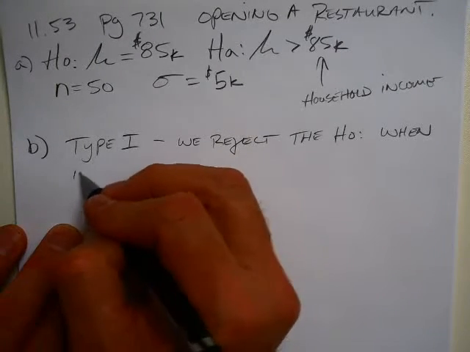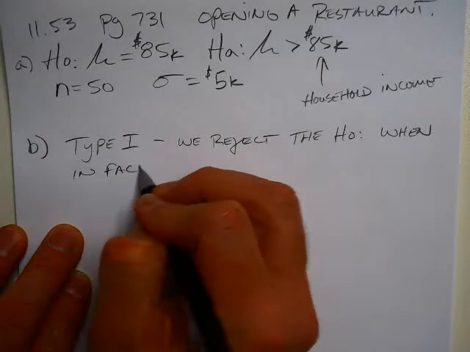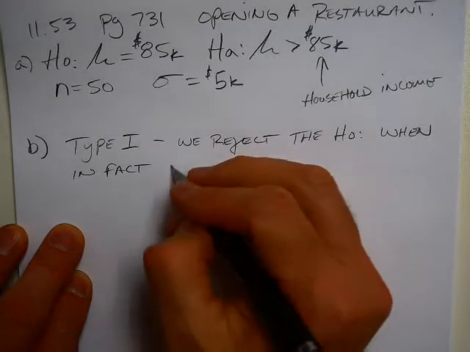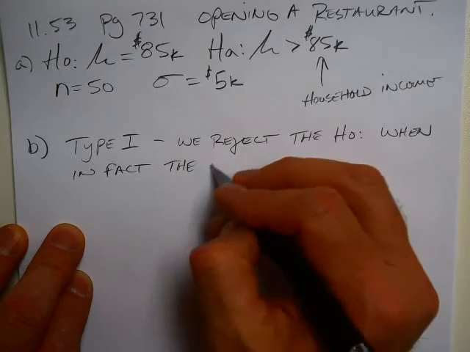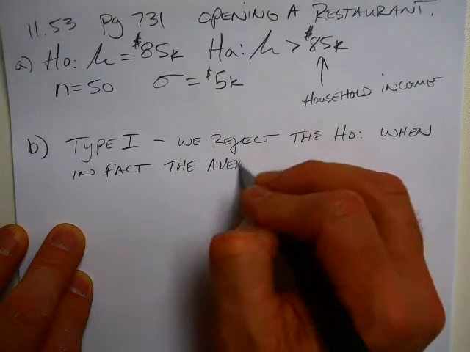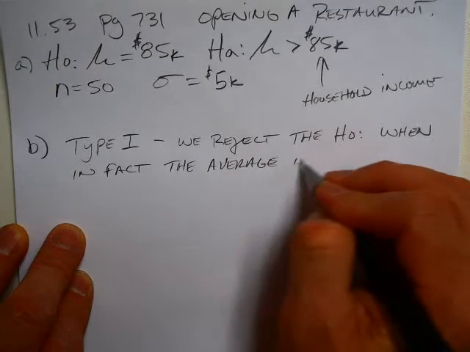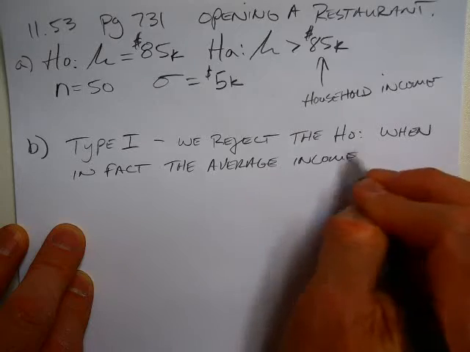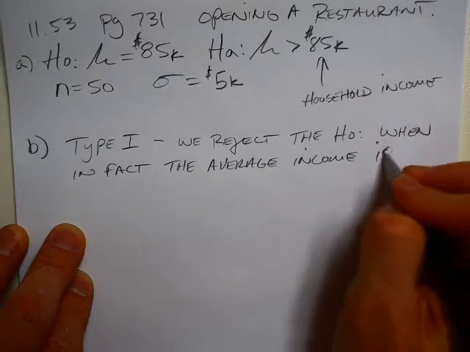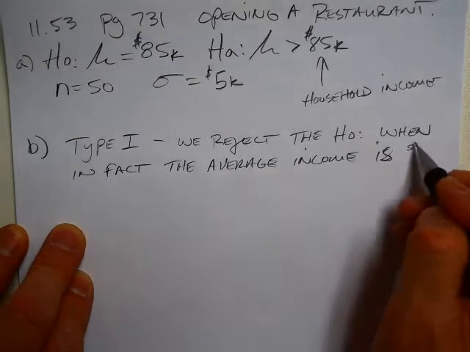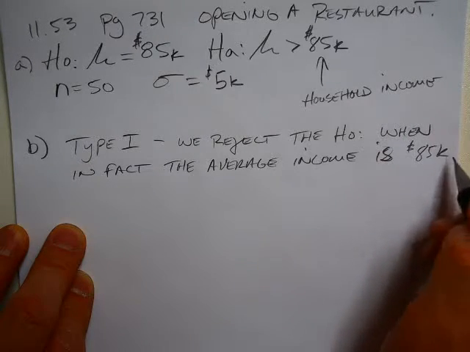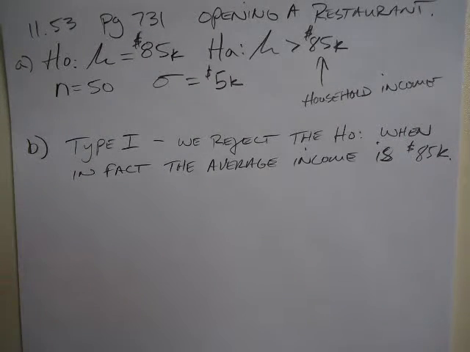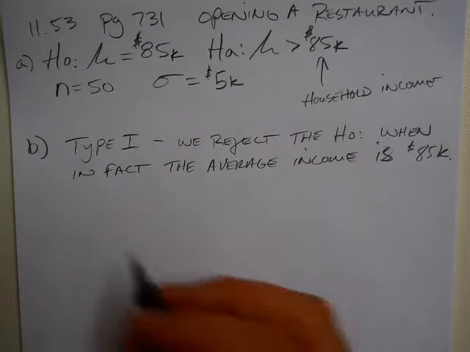when in fact the average income is 85,000. Or less. Because in this situation, this person needs more than 85,000 to open the restaurant.